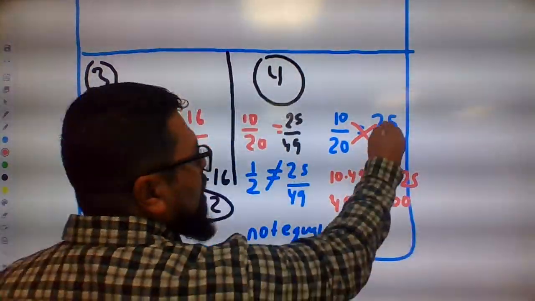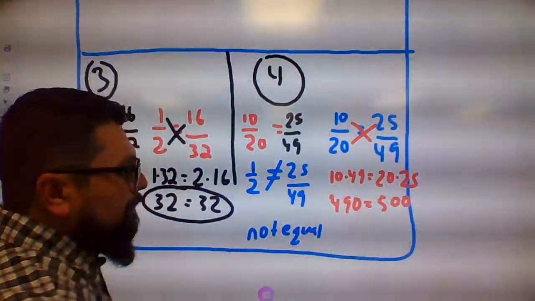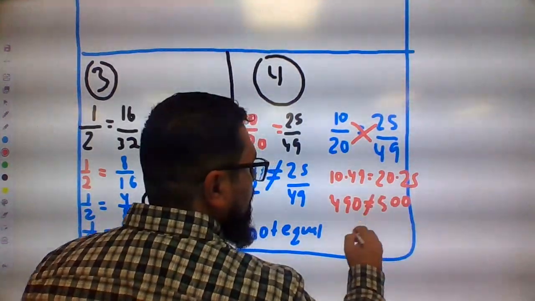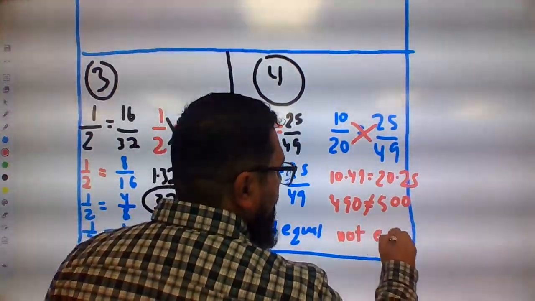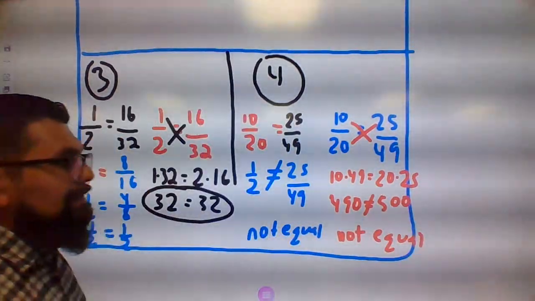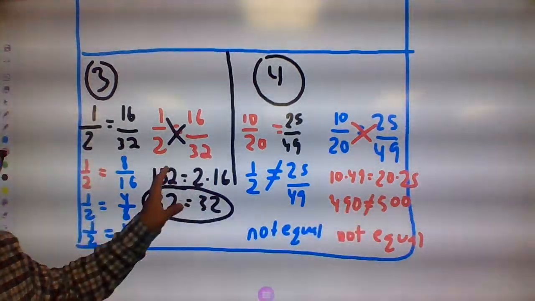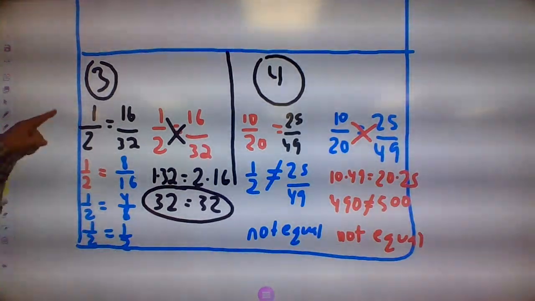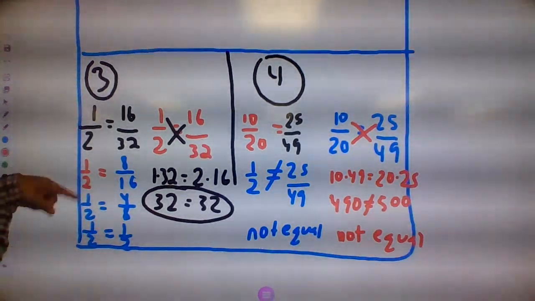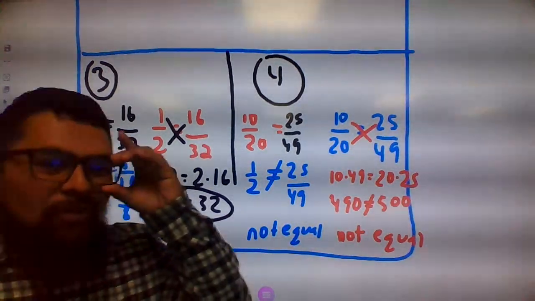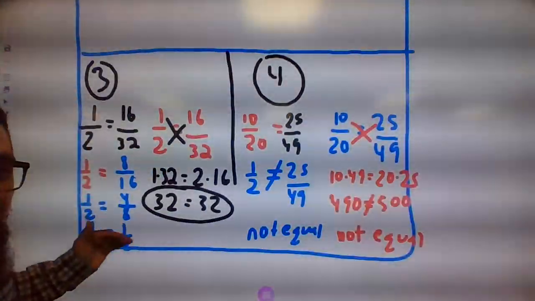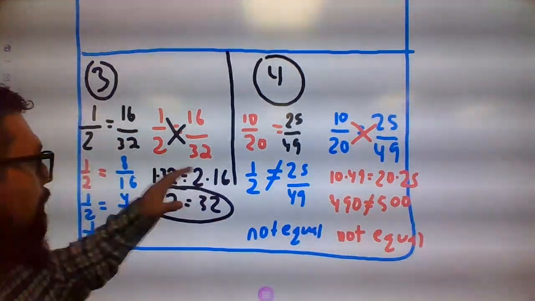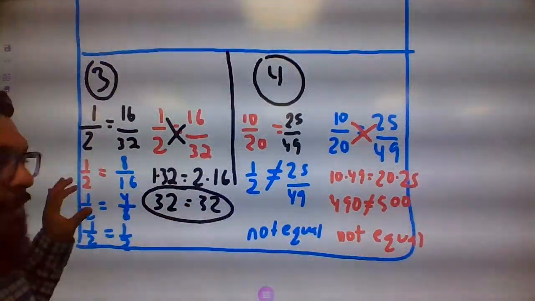So this one is bigger than that one, because this is 500 and this is 490, so they are not equal. As you can see, the cross product is very powerful. It's much better to use than simplifying. When you simplify, you sometimes have to keep going, and if you don't know your division, you're just going to keep going. So the cross product is more powerful than simplifying.